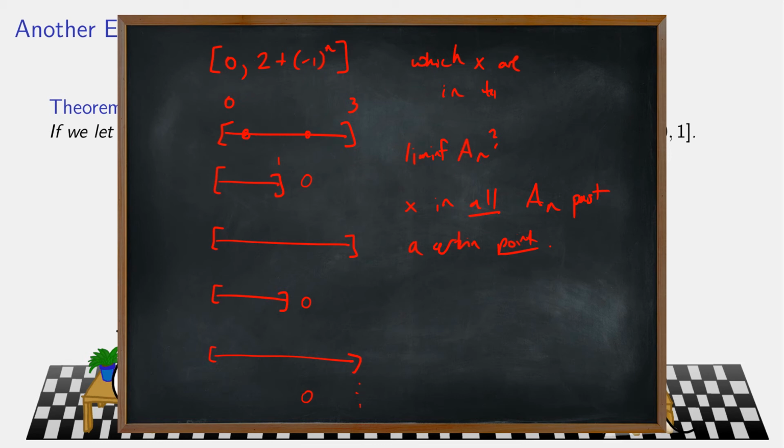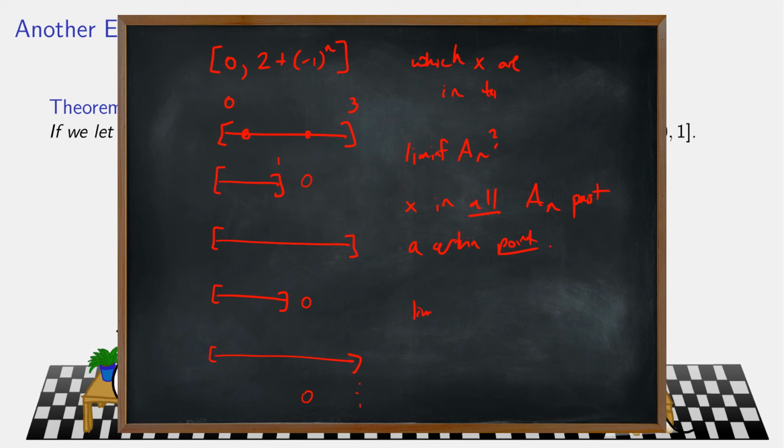No. Since I go back and forth between 0 to 3 and 0 to 1, anything bigger than 1 will be missed over and over and over again. So there is no point past which it remains in everything. So everything from 0 to 1 is in all of the sets. Anything bigger than 1 misses over and over again and therefore is not in the liminf.